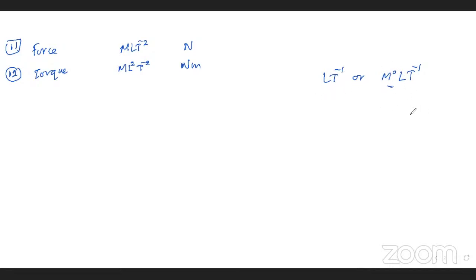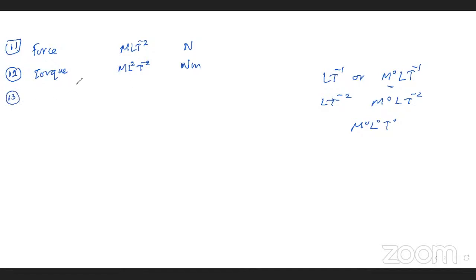That's fine. LT minus 2 for acceleration you can also write as M0 LT minus 2. Or for no dimension, 1, you can write it as zero power of all quantities. You can write it in any format.